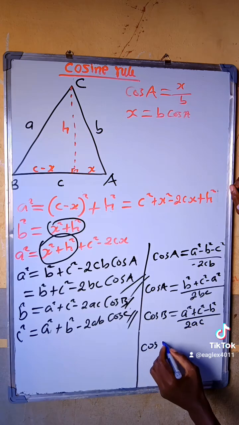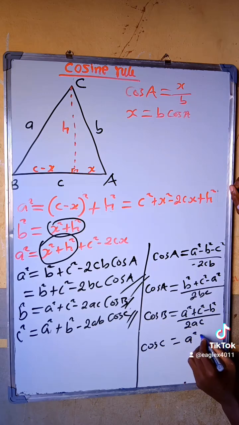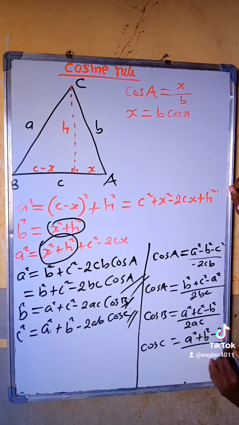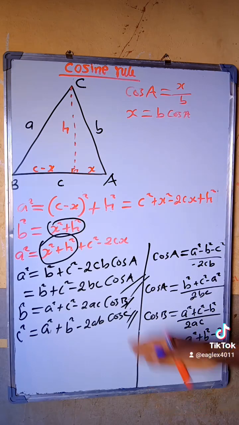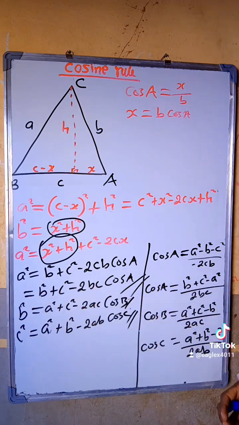And for cos C, it is a square plus b square minus c square all over 2ab. So these three are for finding the side of any triangle, and these are to find the angle of any given triangle that is not a right-angle triangle.